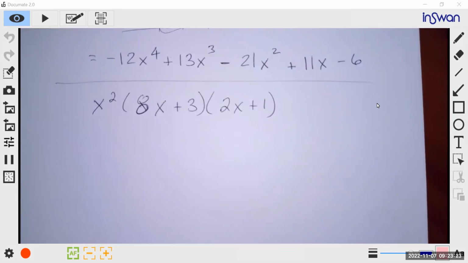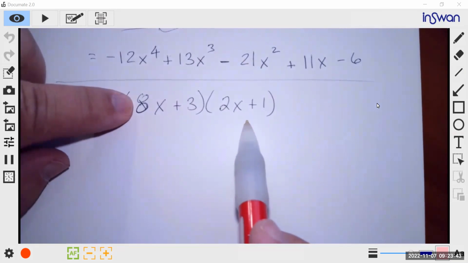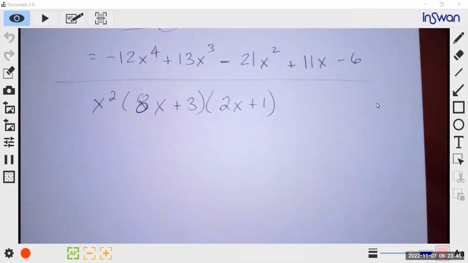There is no wrong way of starting this equation. So how do you want to start this one first? Do you want to multiply the x squared times this first parenthesis, or do you want to multiply the two binomials together? The choice is yours.